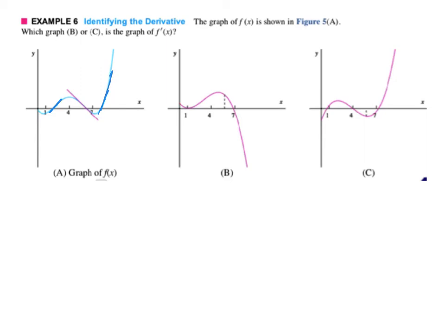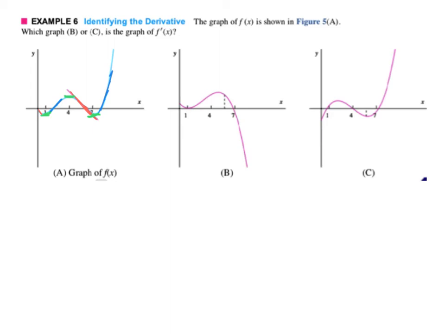We are decreasing in red, that's already shown, between 4 and 7 and 0 and 1. We have turning points in green at roughly 4, 7, and 1. So all of that should translate to the graph of the derivative.